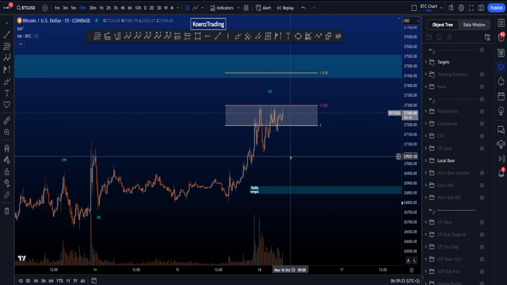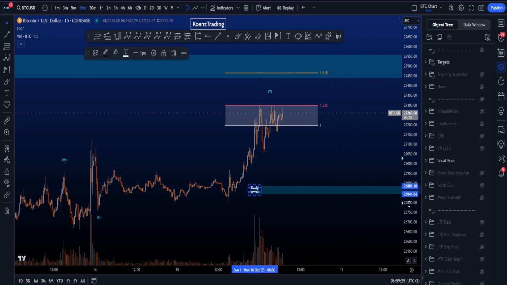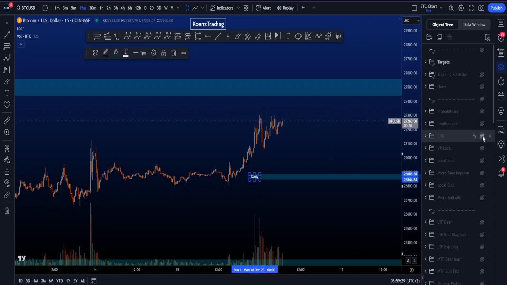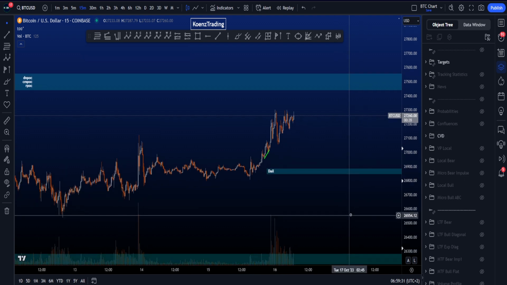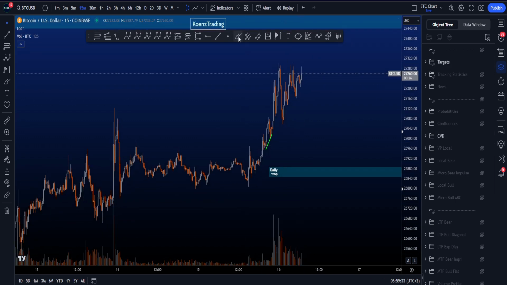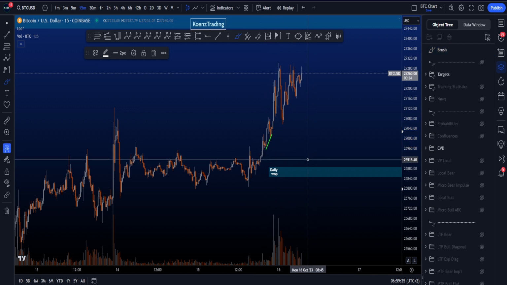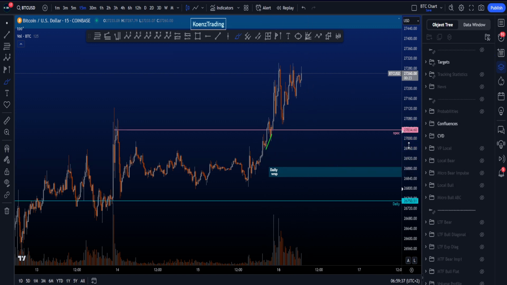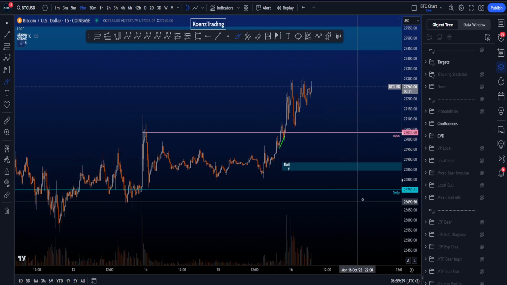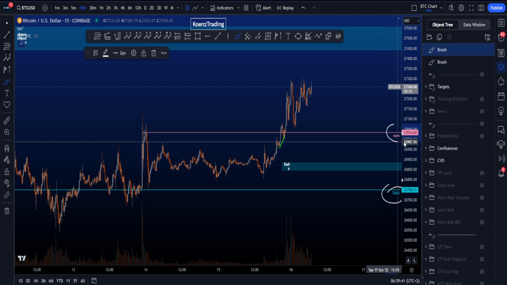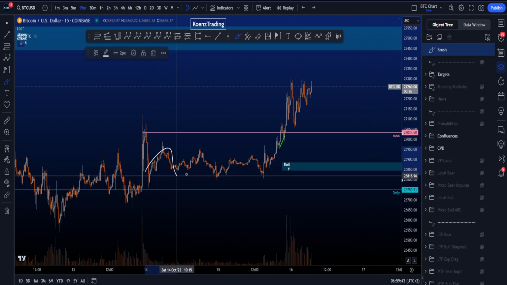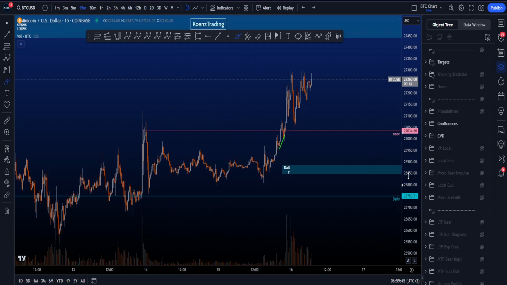If price does move to the downside, then an area of interest for support is 26.8k to 26.9k. If we look at the CVD divergences, then we had some bullish CVD divergences over here. And that is important. Reason being that I mentioned that my levels of interest are the daily and the naked point of control when price was ranging over here throughout the weekend.